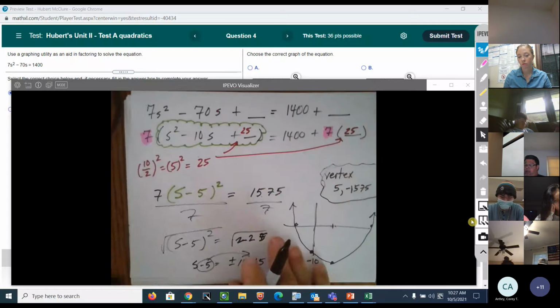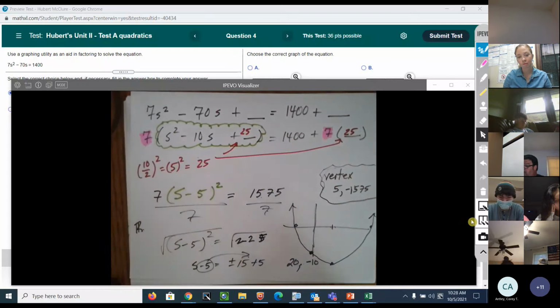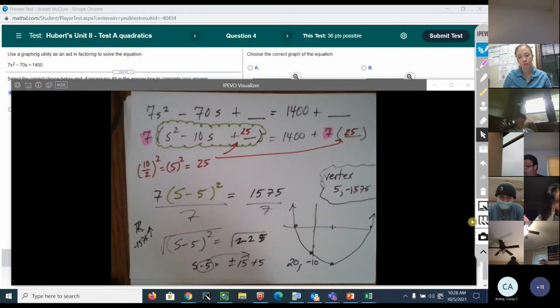So your domain is all real numbers. Your range is from negative 1575 to infinity. Your decreasing is negative infinity to negative 5.